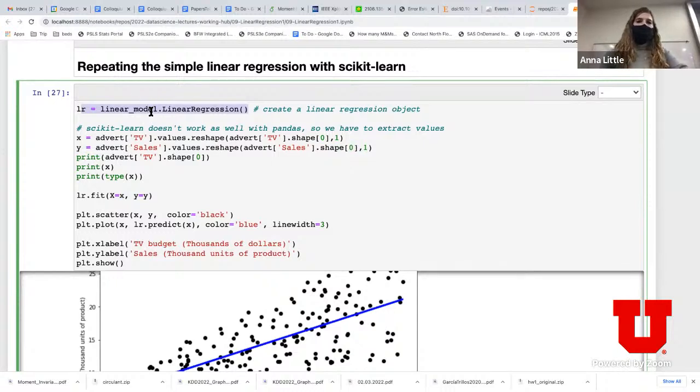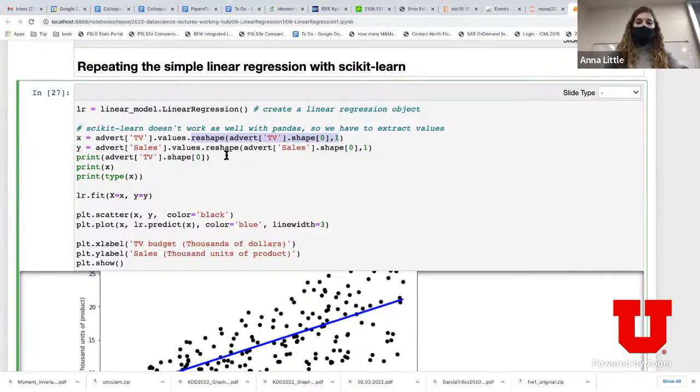So if we want to do it this way, we have to reshape things. Here, we get the values out of the data frame, but then we have to reshape them. This step essentially turns them into a NumPy array instead of a pandas data frame, and then that plays nicely with this linear regression function.